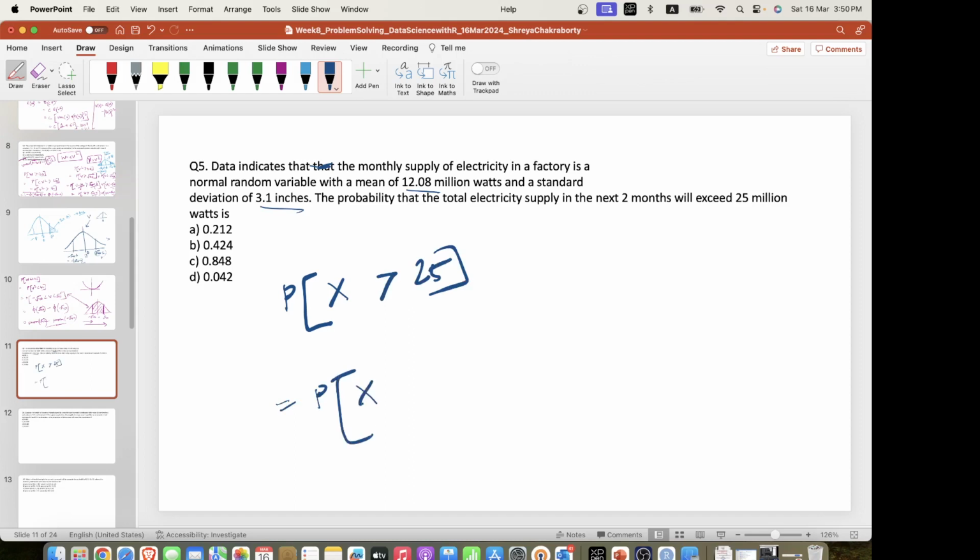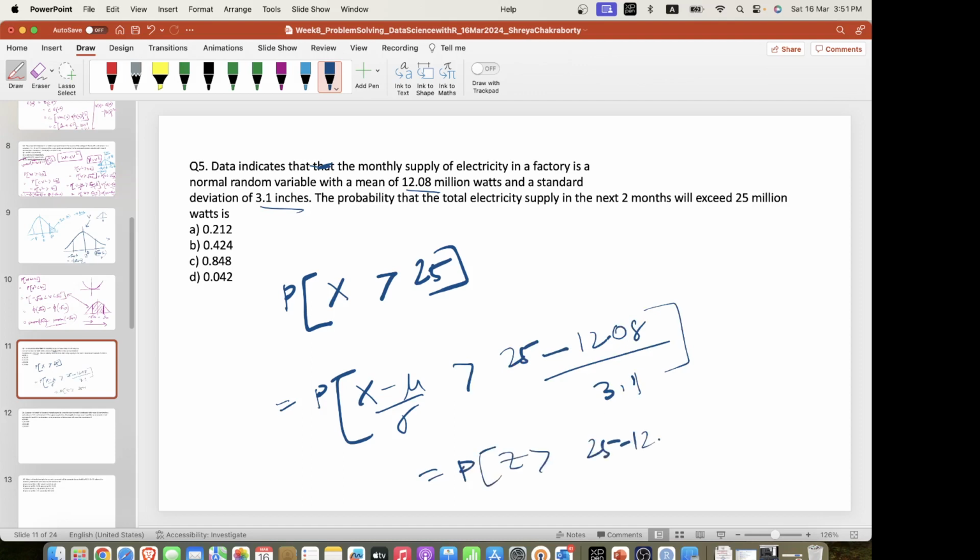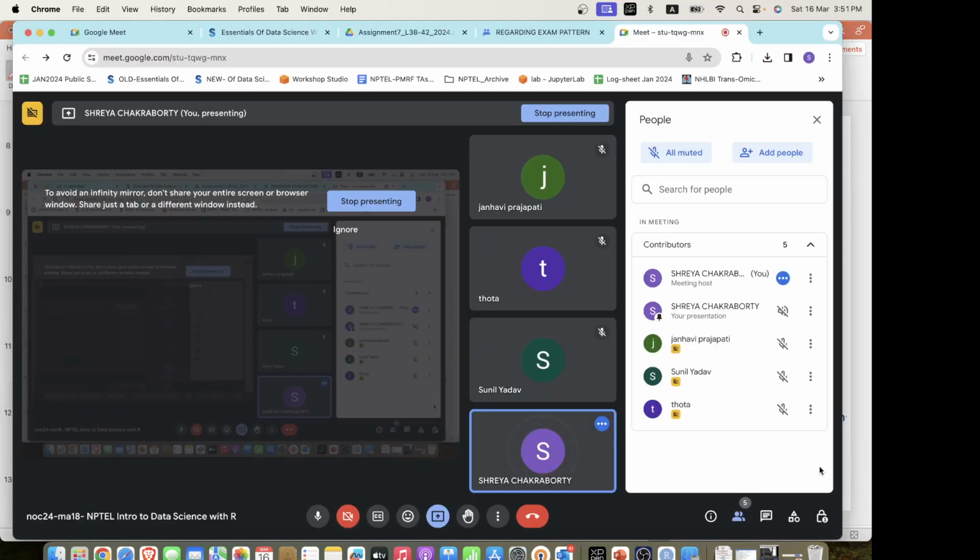So we can write this as X minus mu by sigma greater than 25 minus 12.08 by sigma, which is 3.1. So this means probability Z greater than (25 minus 12.08) by 3.1. This is pnorm of this value with lower.tail equal to false. Okay, so we'll do that.